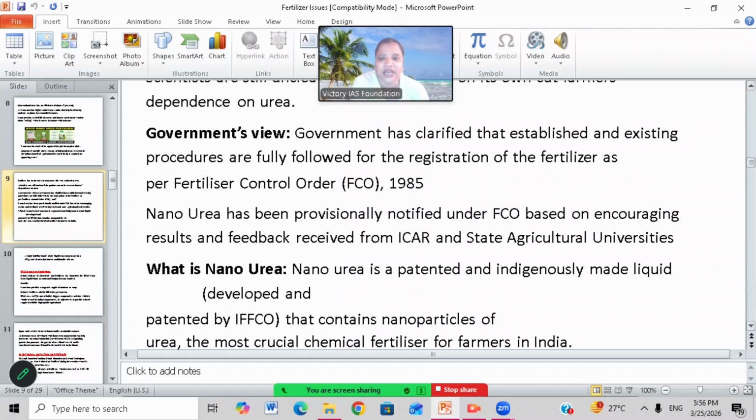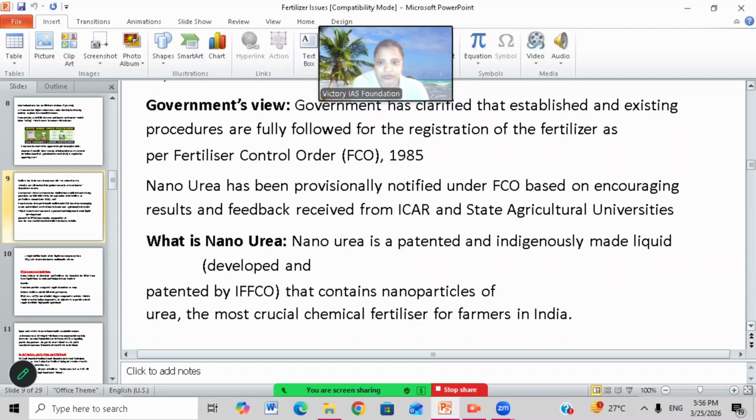Nano urea has been provisionally notified under FCO based on encouraging results and feedback reviewed from ICAR and state agriculture universities, because ICAR and state agriculture universities have already been giving positive feedback for liquid nano urea. The government doesn't want to make checkings again and again. That's why they directly want to give the approval to be used on the farm.